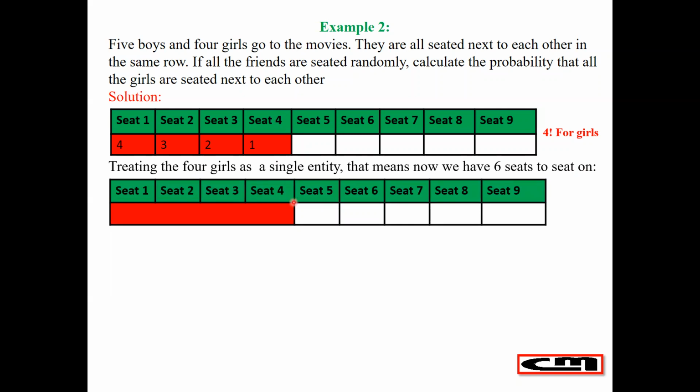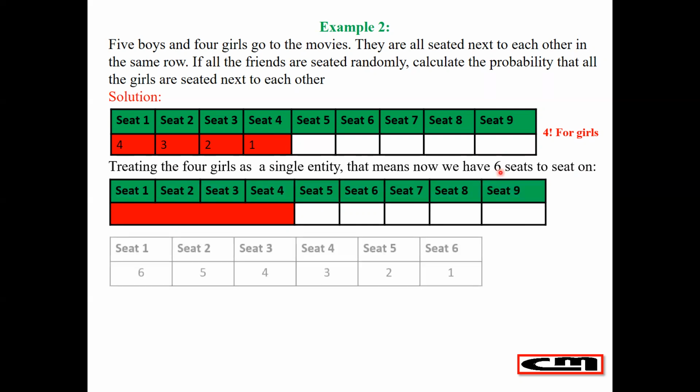It's now 1 seat, 2, 3, 4, 5, 6. So we now have 6 seats, right? So I can now write my 6 seats, simply avoiding to write 1, 2, 3, 4, which I've killed into 1. So I now have 6 seats. So this is now the new table.